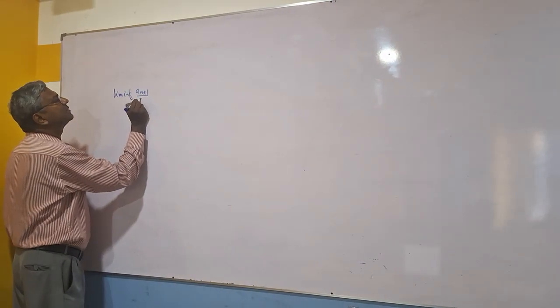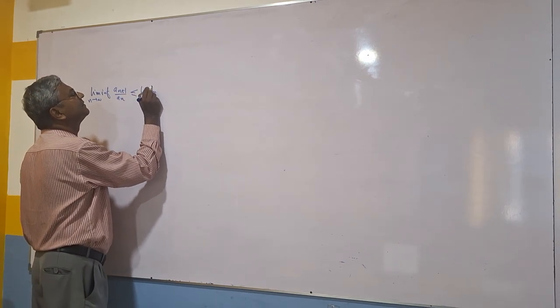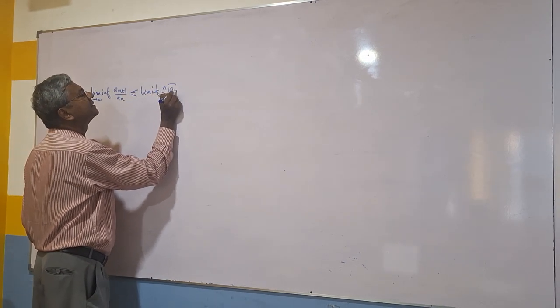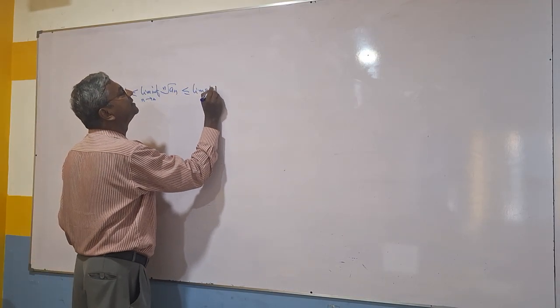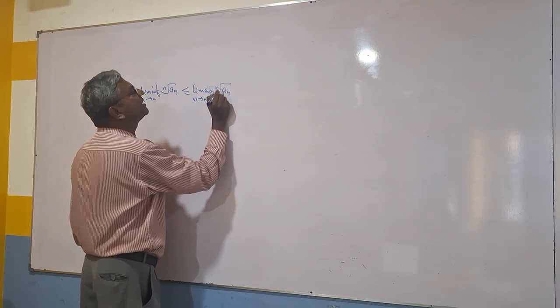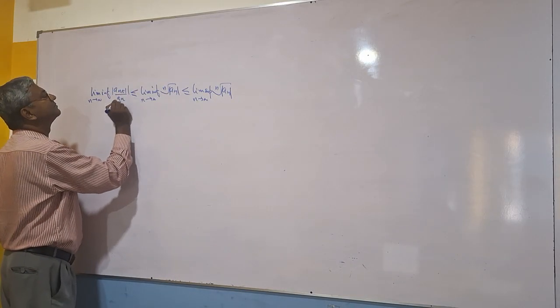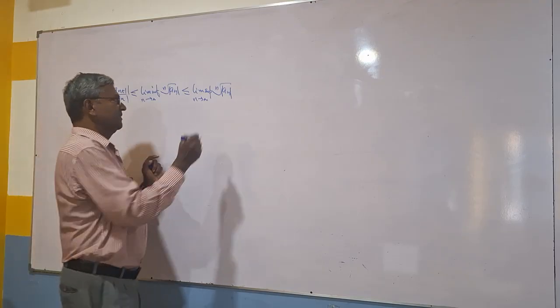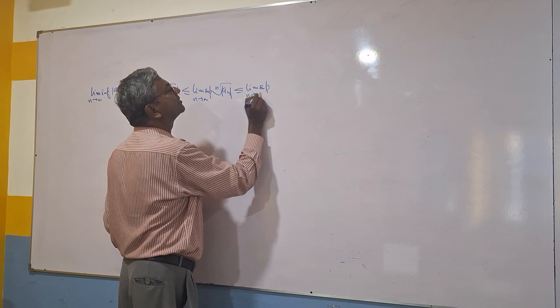This is lim inf of absolute (n plus 1) divided by n as n tends to infinity, less than or equal to lim inf of the nth root of n, less than or equal to lim sup of the nth root of n, less than or equal to lim sup.